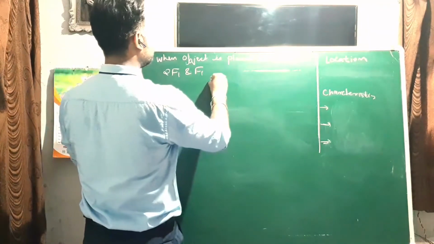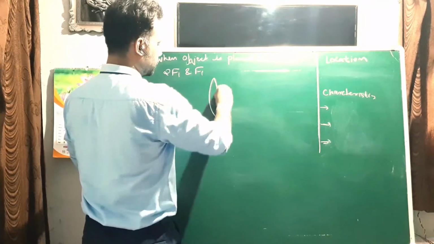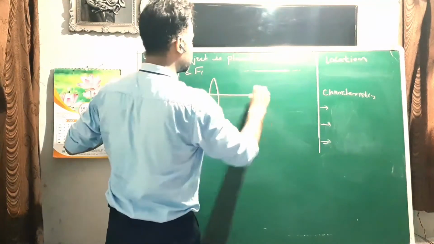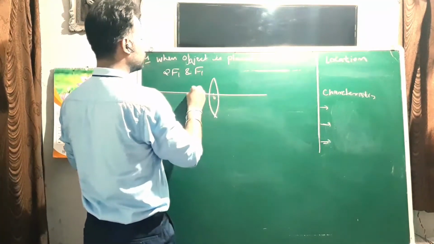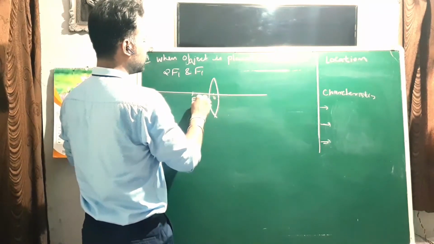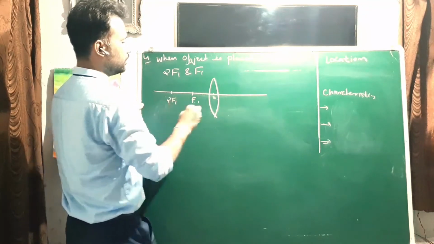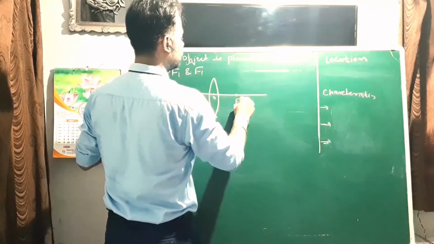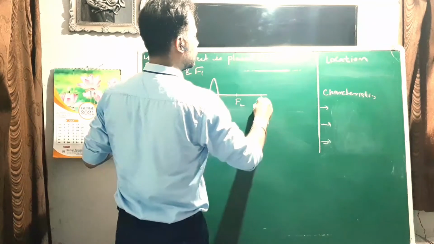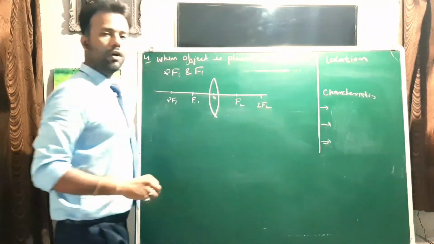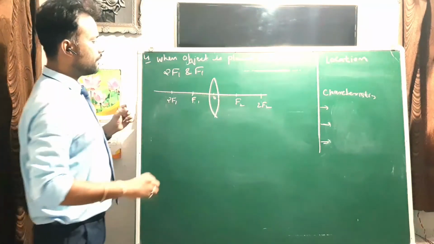So let's see here. This is the convex lens, optical center O. This is F1, so at the same distance it will be 2F1. Here it will be F2, and here it will be twice of F2. So the object is placed somewhere between F1 and 2F1.